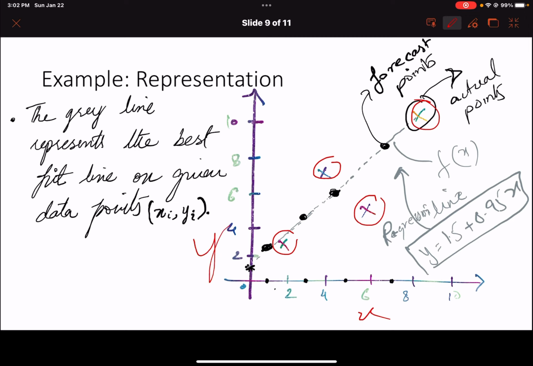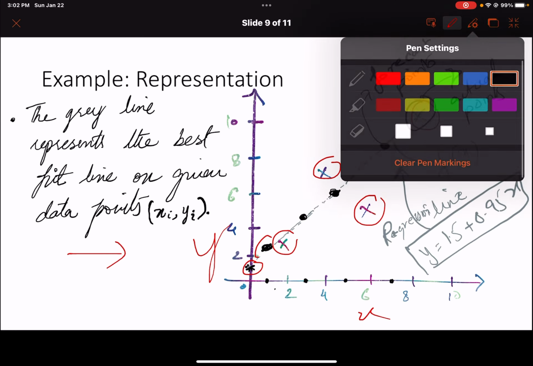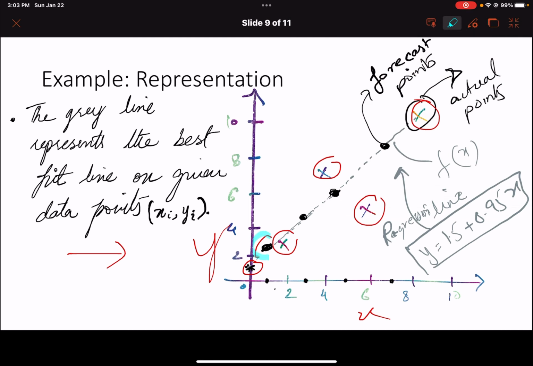And then we found this equation, y equals 1.5 plus 0.95x. This was our equation. So we put in the value of x. We already know at 0 it is 1.5. Then we put the points, these black ones, they are newly added on this line.